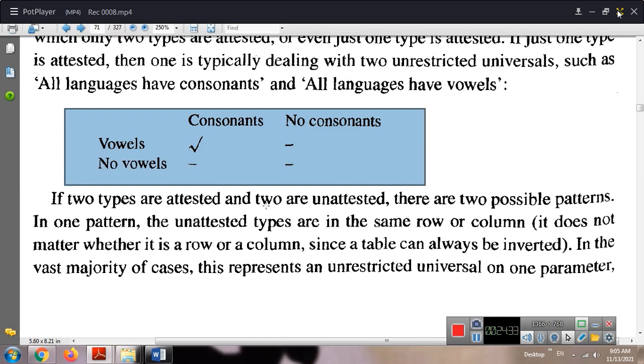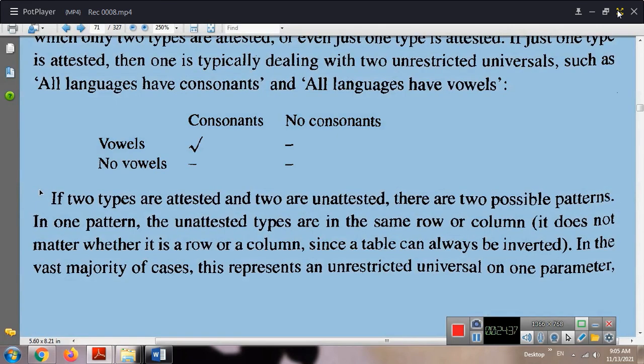If 2 types are attested and 2 are unattested, there are 2 possible patterns. In one pattern the unattested types are in the same row or column. It doesn't matter whether it is a row or a column, since the table can always be inverted. In the vast majority of cases, this represents an unrestricted universal on one parameter.